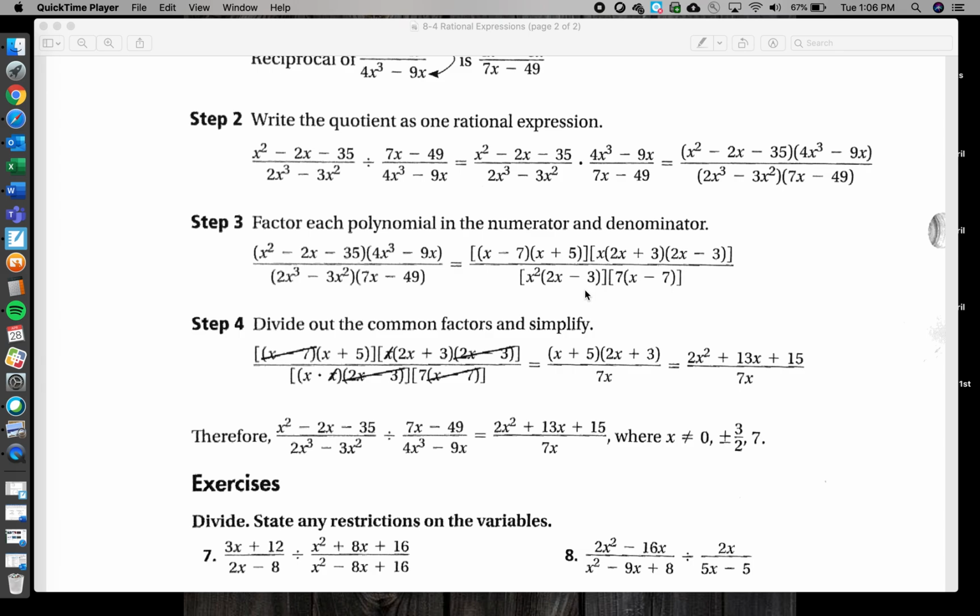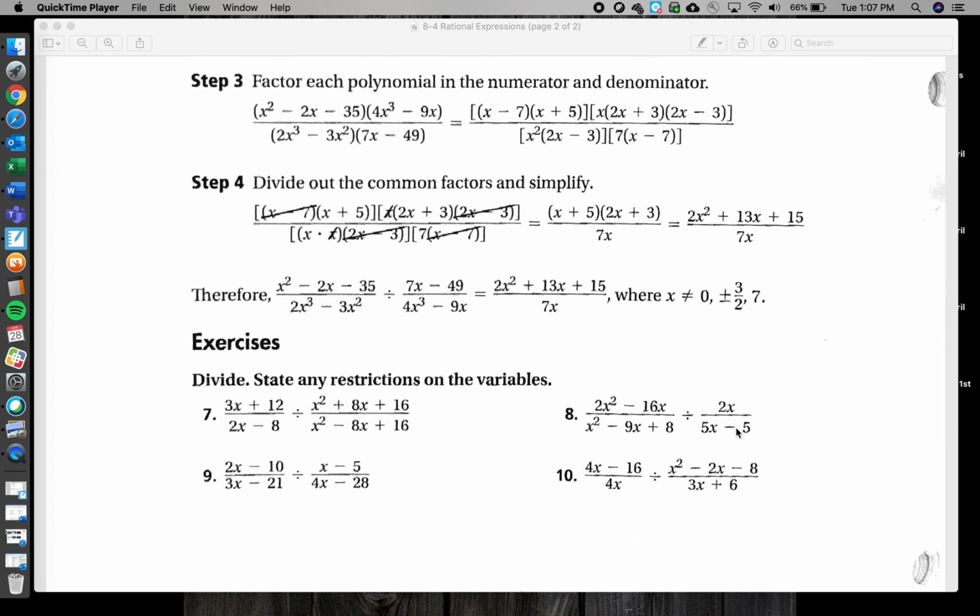And then the other x squared is where they're getting the 0 from, okay? So just a heads up that that's where these values are coming from: the denominator cannot equal 0, therefore they're just setting each factor from the denominator equal to 0 and solving. Okay? And actually, technically this is a typo. That should not be plus or minus, it should just be a positive 3/2.